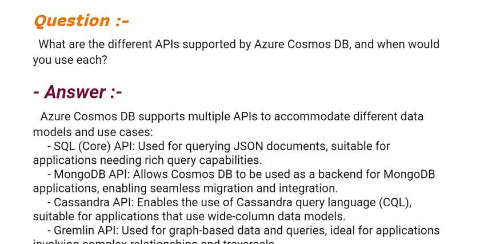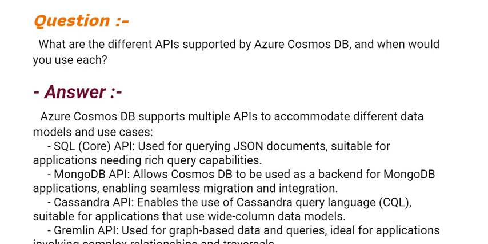SQL Core API, used for querying JSON documents, suitable for applications needing rich query capabilities. MongoDB API allows Cosmos DB to be used as a backend for MongoDB applications, enabling seamless migration and integration.